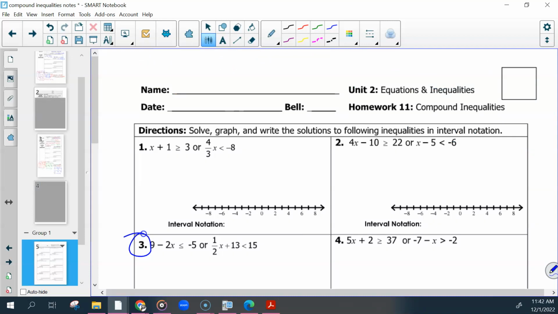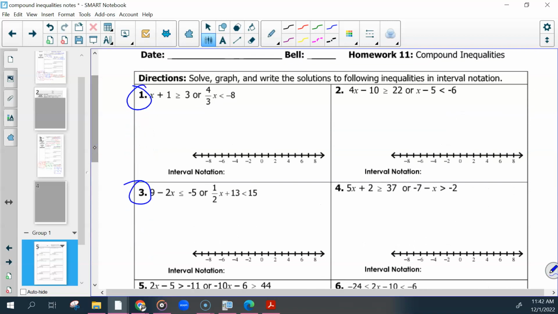Any others? 1 on this page. Okay. Any others? Alright, so let's do 1 and 3 on the very last page.